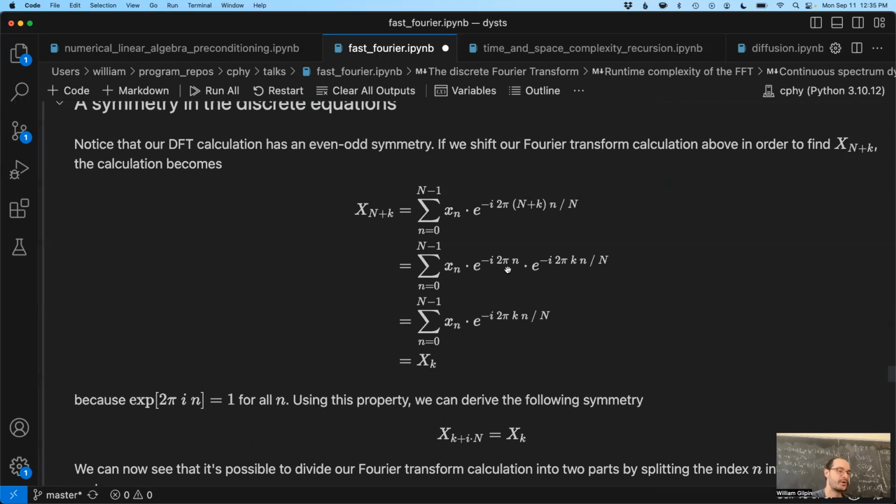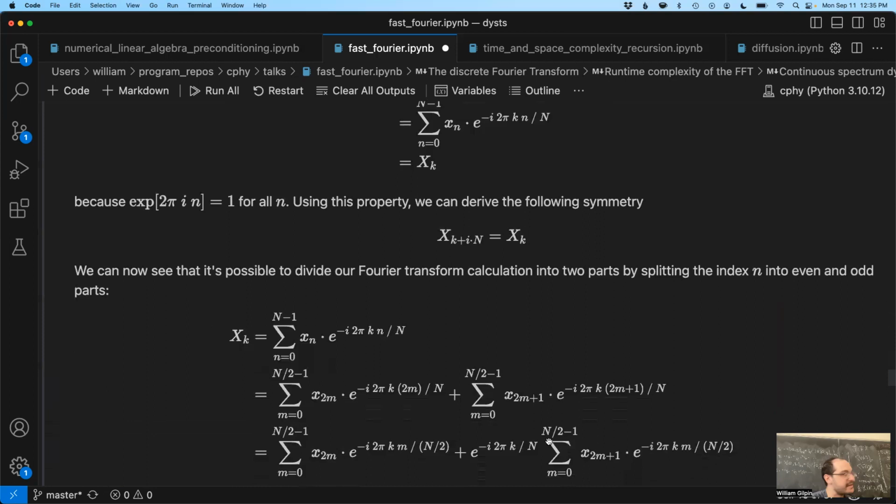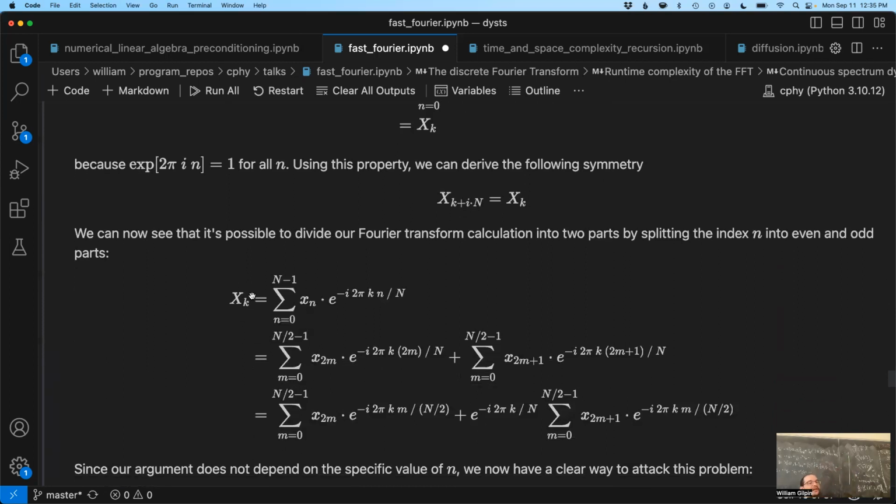I don't have a nice picture for going through this, but if you just plug in an integer multiple of n into this calculation of the Fourier transform, which is the definition, you sort of factor things out and you remove terms that are equal to 1. You can prove that any multiple of n gives you back the exact same Fourier transform sequence. Okay, the reason that that's useful is because right now when I write my matrix multiplication, I have to do this whole sum of all these elements from 0 to n minus 1, so that's n total summations.